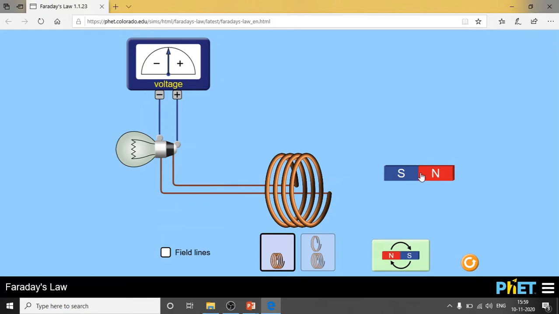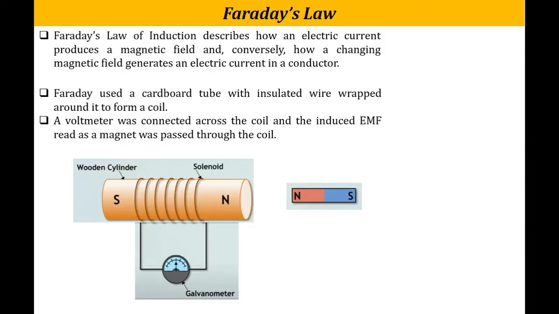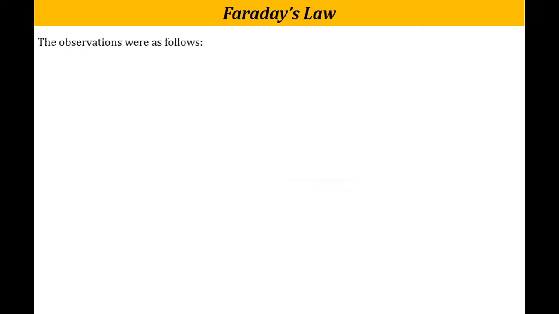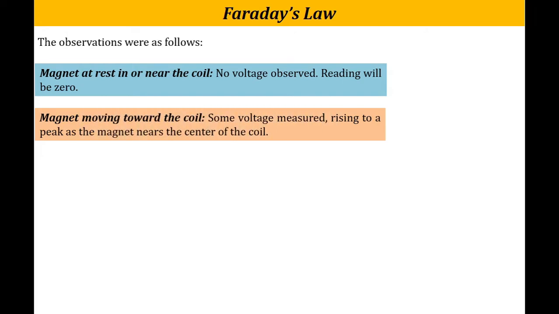So what we observed, we write as a conclusion. Here we will say that the observations are: whenever the magnet is at rest or near to the coil, no voltage was generated, no reading will be observed. Then when the magnet is moved towards the coil, some voltage gets generated, rising to a peak as the magnet nears the center of the coil.